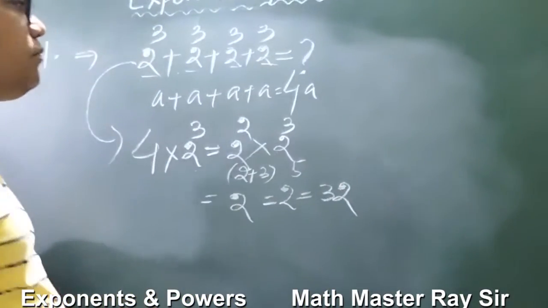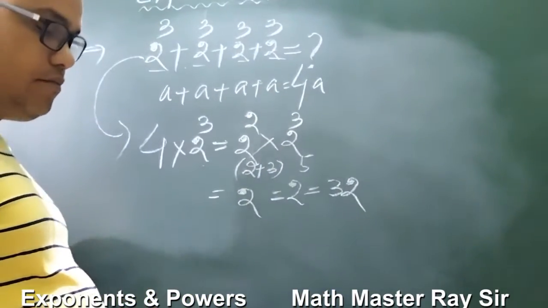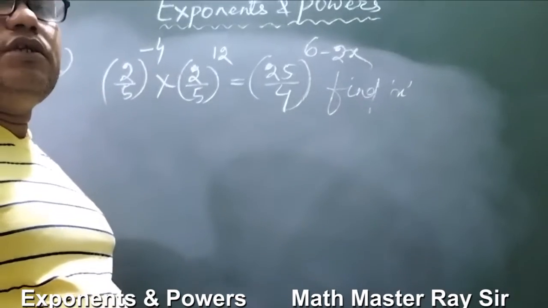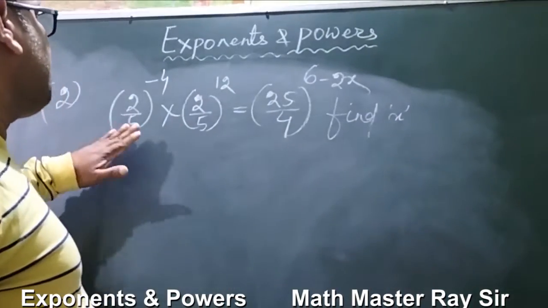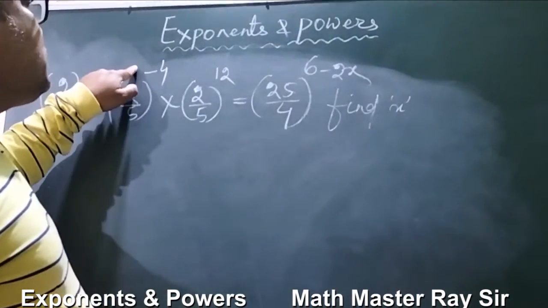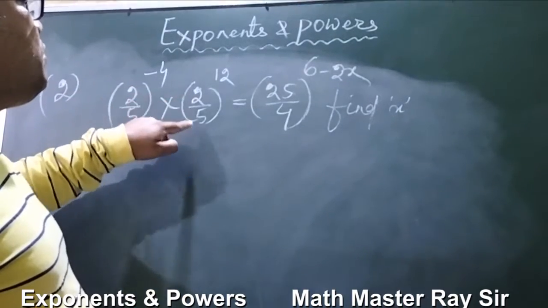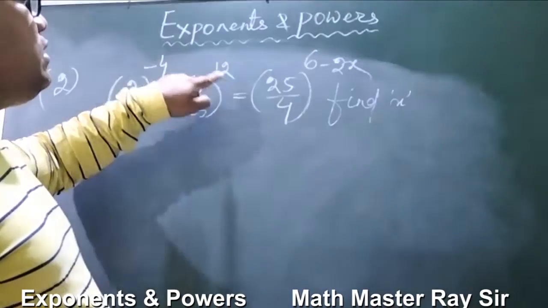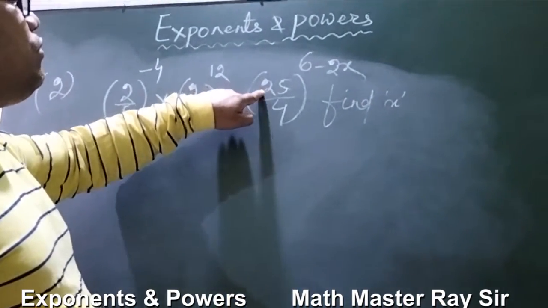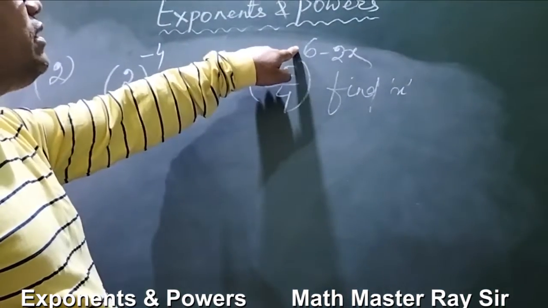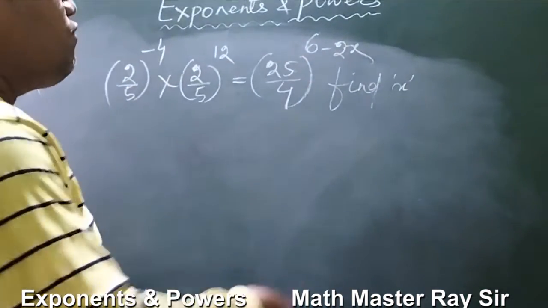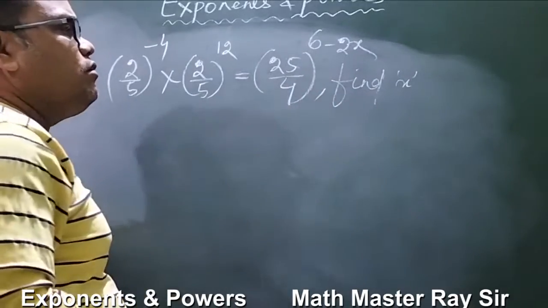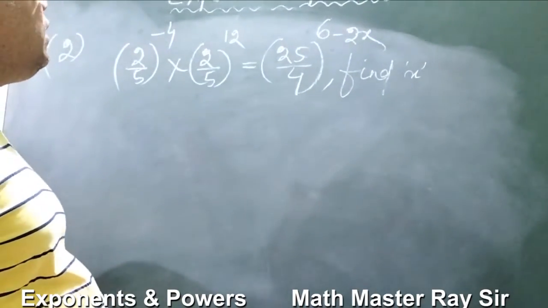Very simple. Okay, the very tricky question given here: 2 by 5 to the power minus 4 into 2 by 5 to the power 12 equals 25 by 4 to the power 6 minus 2x. We have to find the value of x.